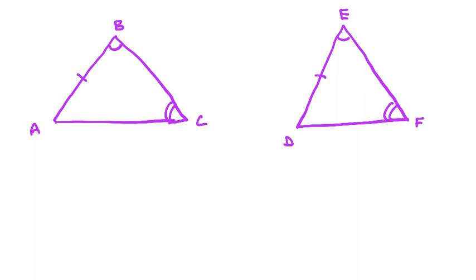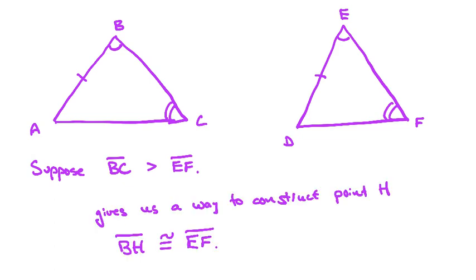Now we want to do the same proof by contradiction that we did in the first case. So let's suppose that our side BC is greater than our side EF. But now, once again, invoking our proposition number 3, we have a way to construct a new point H, so that our line segment BH is congruent to our line segment EF.